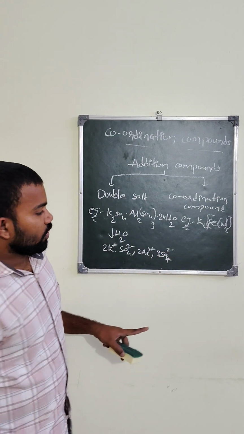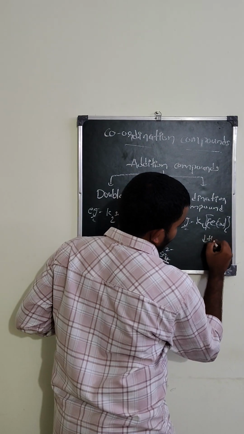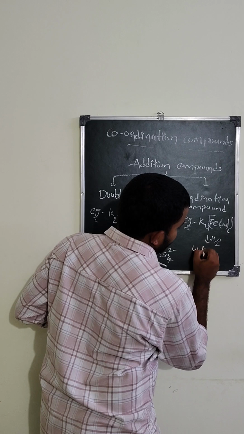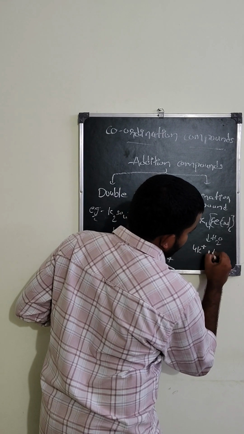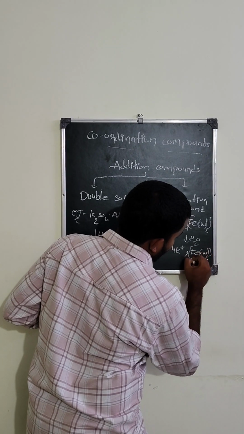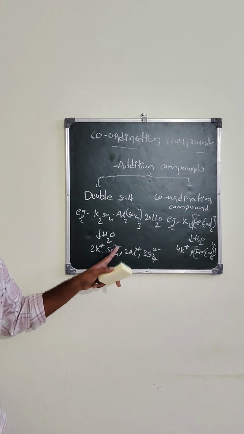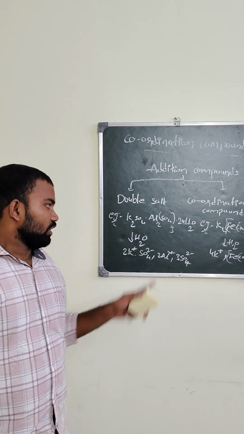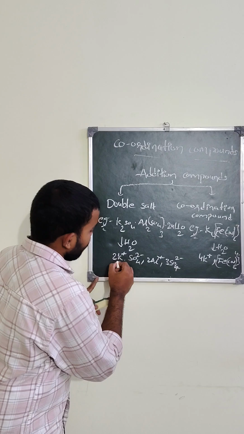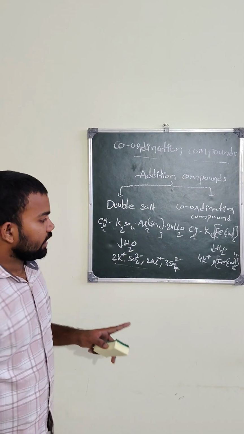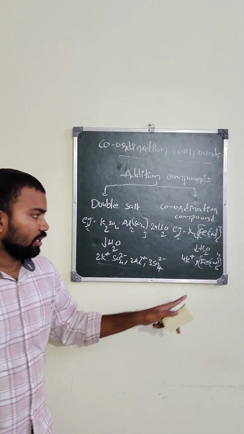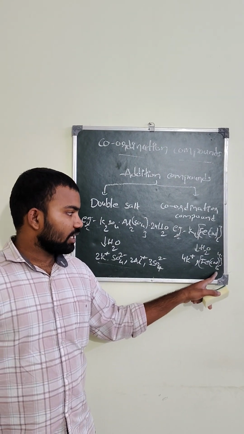And if I dissolve this coordination compound in water, we get 4K+ and [Fe(CN)6] 4-. So when we dissolve a double salt in water, the total compound dissociates into individual ions.